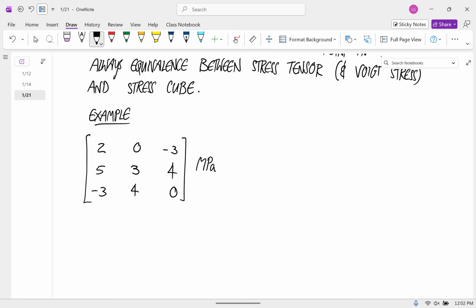I made one mistake here. Remember, this matrix has to be symmetric. So the 1, 2 element has to be equal to the 2, 1 element, and I didn't do that. So let me change one of these so that it makes sense.